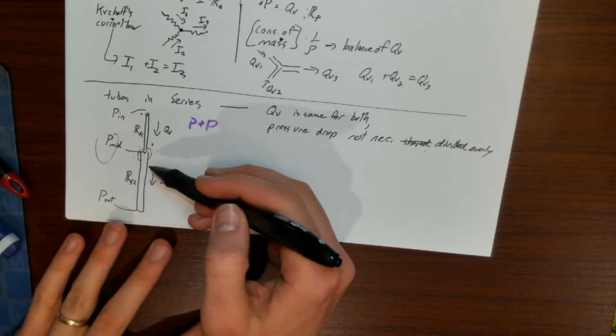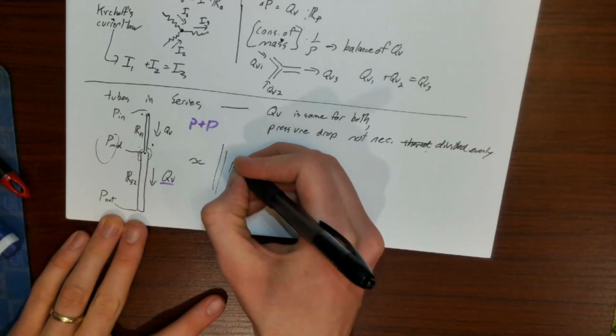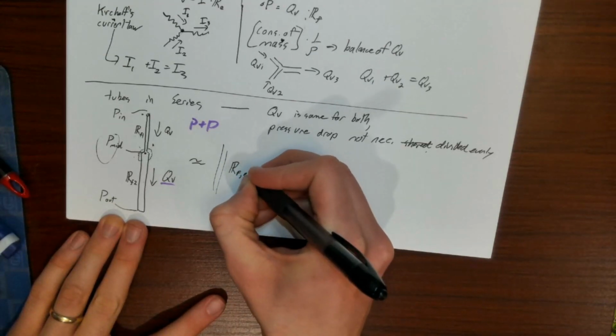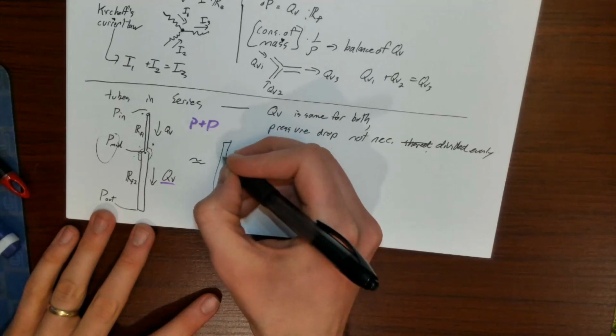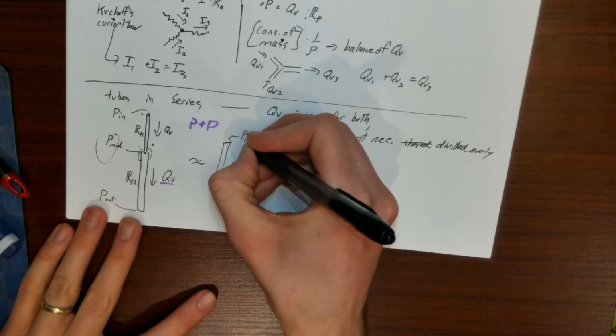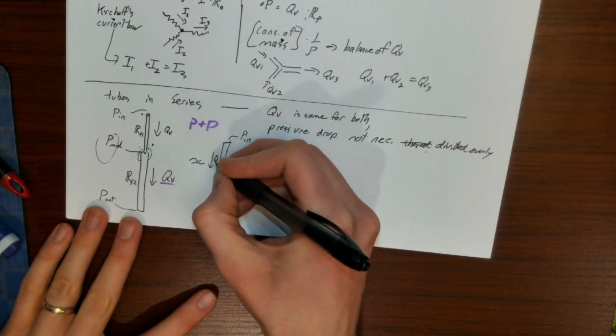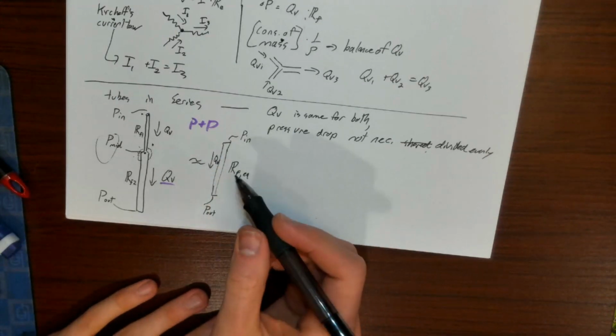Could I say this is equivalent to a system that has some equivalent fluidic resistance for the whole system, that would give an equivalent P in, P out for a particular volumetric flow rate that's the same?